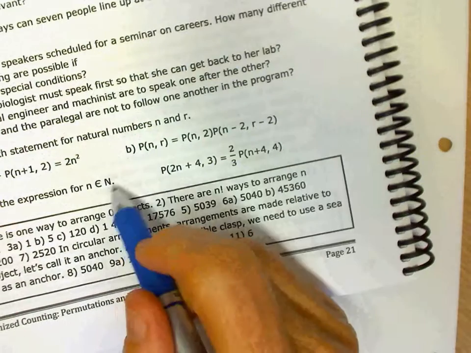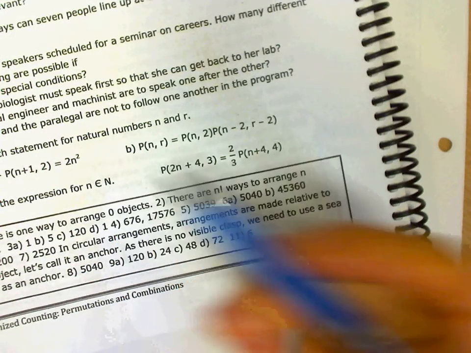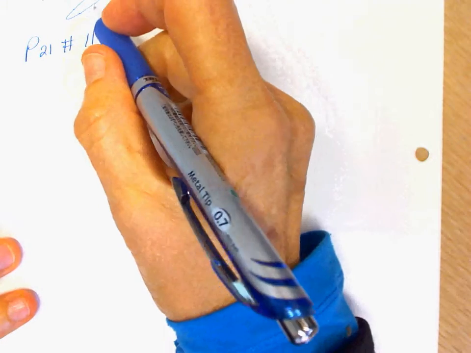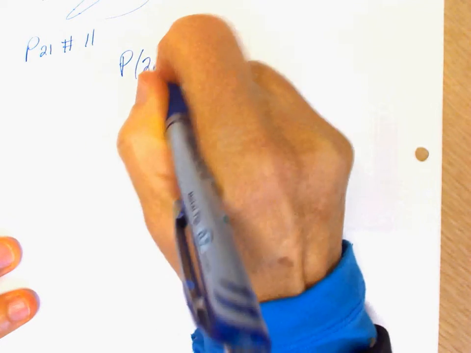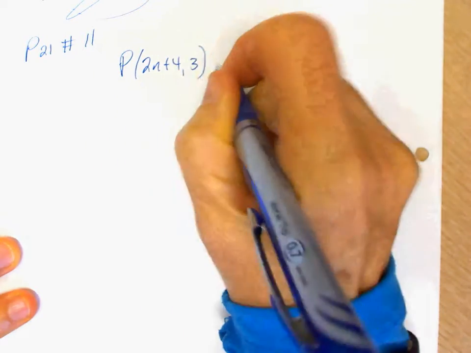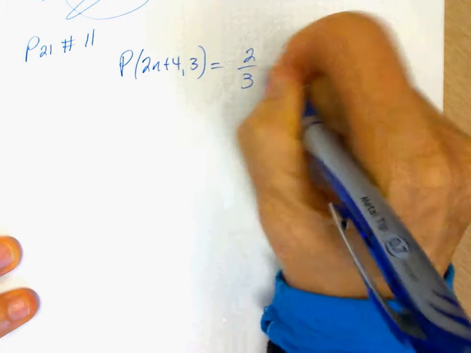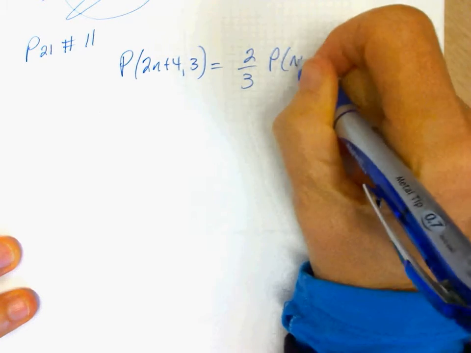I always thought natural numbers were counting numbers, so that they start with a 1, but whatever. There's some controversy there, some ambiguity. So we're proving this statement: (2n+4)P3 = 2/3 (n+4)P4.